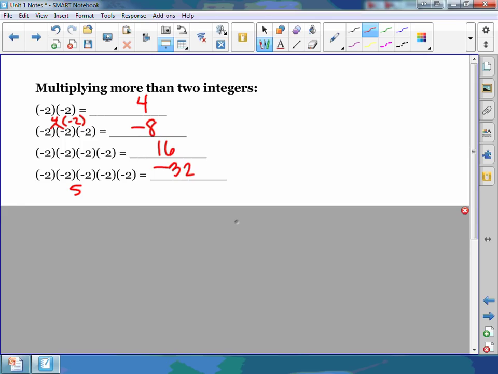Yes, Sarah? Yeah, and it's kind of like that odd-even thing because you're looking at pairs, right? Which means evens, right? Good, Brady.